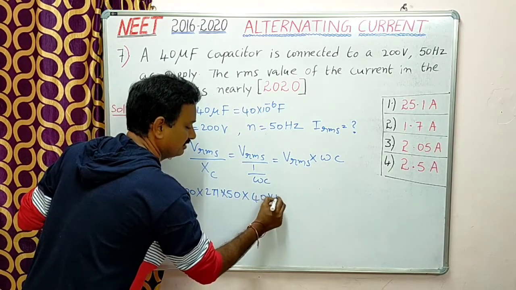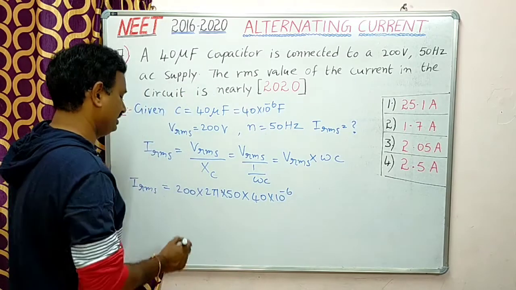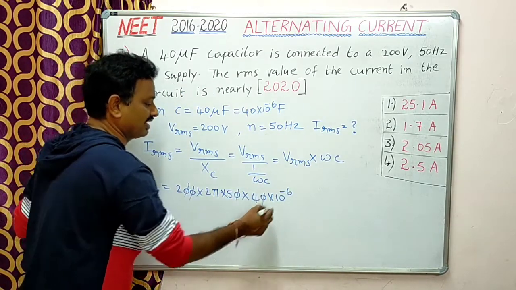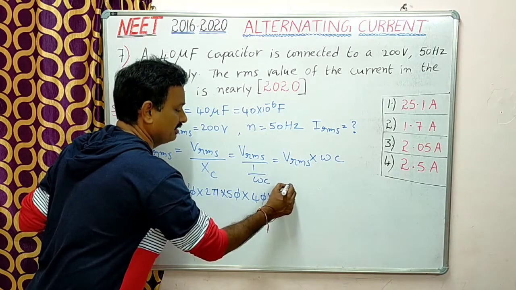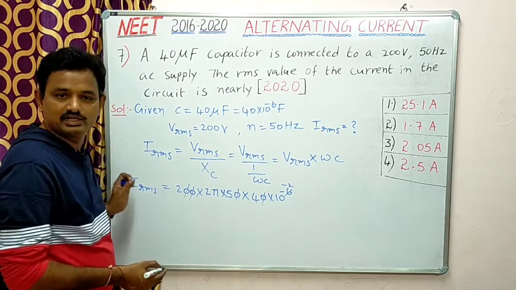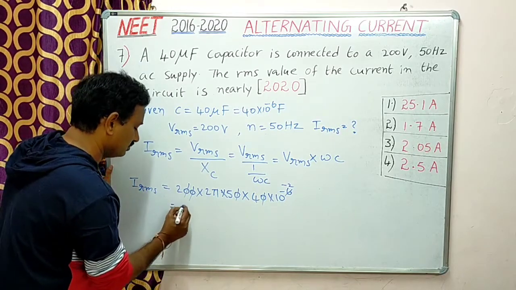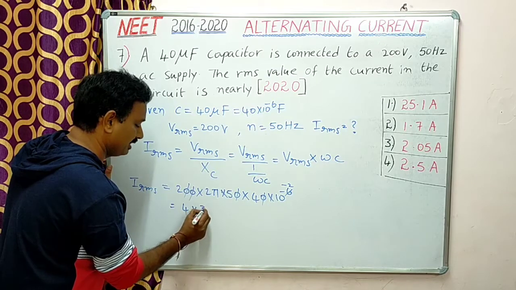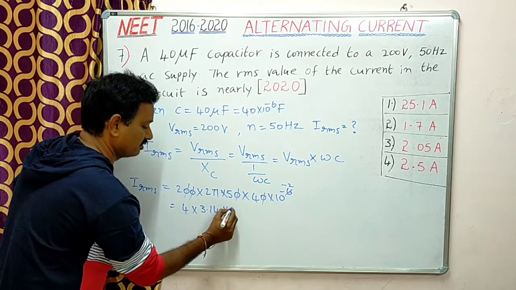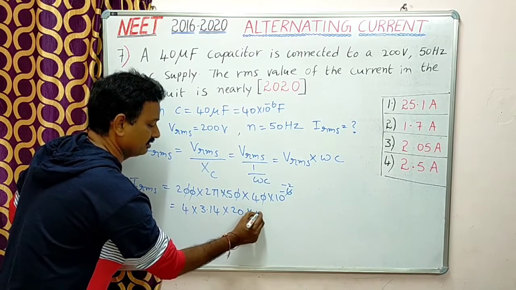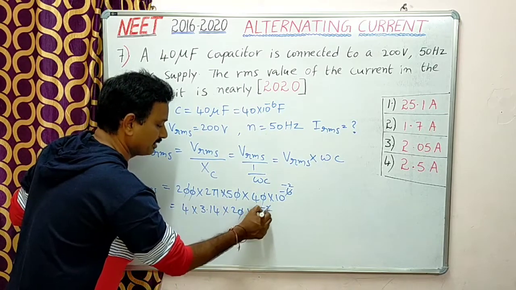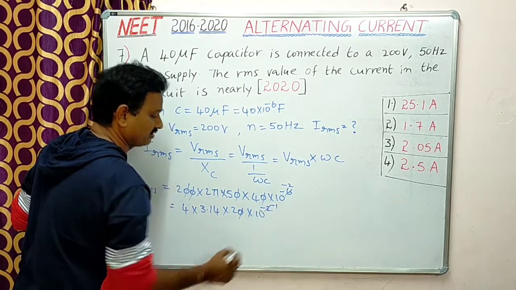These 4 zeros cancel, so here I will get 10 power minus 2. Then the remaining, 2 into 2, 4. Pi means 3.14 into 5 into 4, 20 into 10 power minus 2. So this 0 and 10 power minus 2 cancel, and I will get 10 power minus 1.